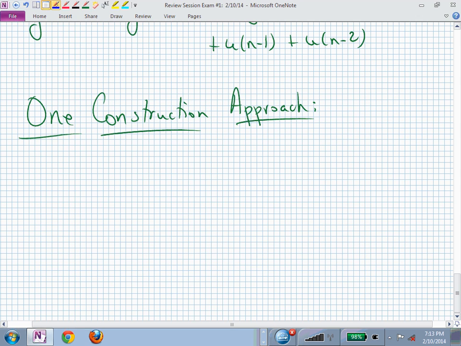In this particular approach, I'm going to assume that we can measure or have access to the output at time n and the input at time n. And that's a realistic assumption. This is fine. So we're going to assume y of n and u of n are available.